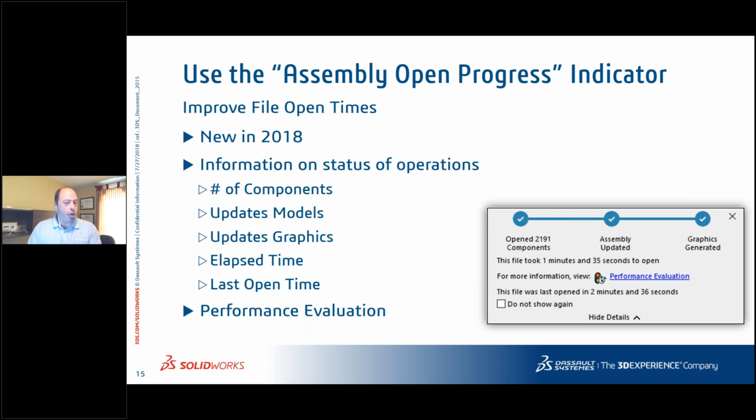Now, one thing I didn't mention here is that in 2018, you can also show in Windows Explorer a column showing the last open time and the last version saved as well. So some of that information can also be brought directly into Windows Explorer, which is nice.